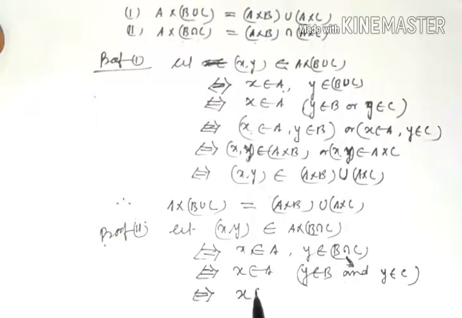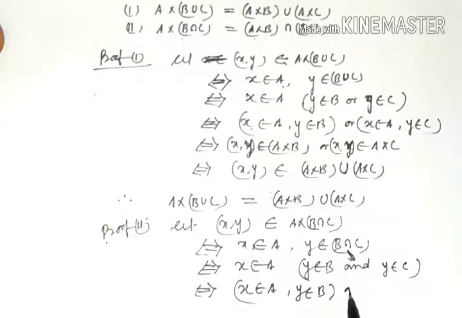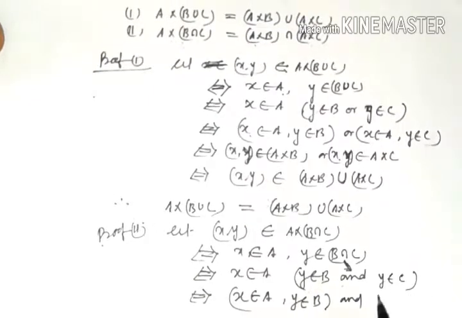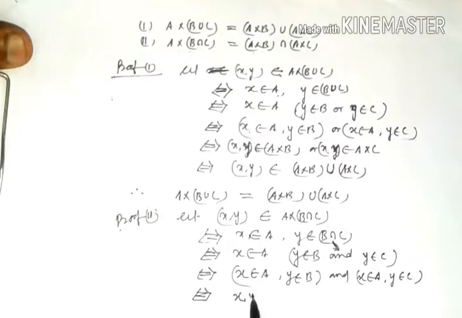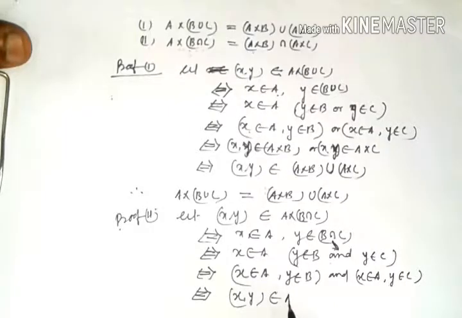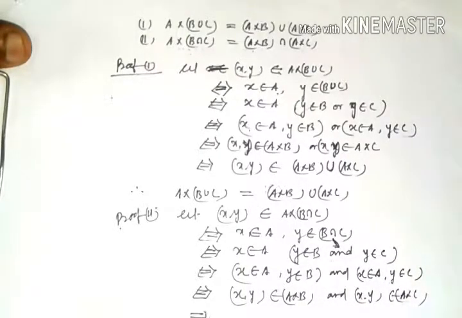This implies x belongs to A, y belongs to B, and x belongs to A, y belongs to C. So (x, y) belongs to A cartesian product B, and (x, y) belongs to A cartesian product C. In place of and, we write intersection.